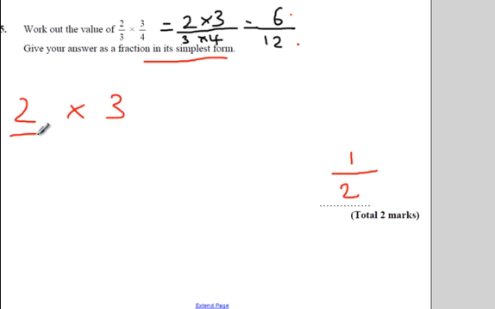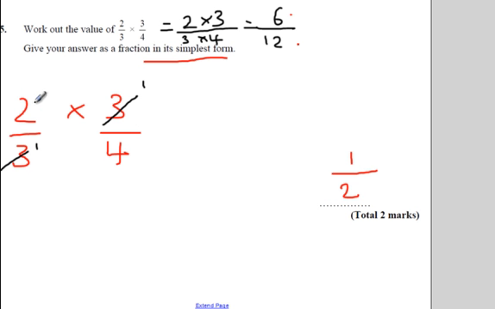So we've got 2 thirds and 3 quarters. Now our way of dealing with this is literally to say I'm going to cancel before I do my multiplying. So I'm looking for any common factors in both the numerator and the denominator. So here I've got 3's go into 3 once, 3's go into 3 once.